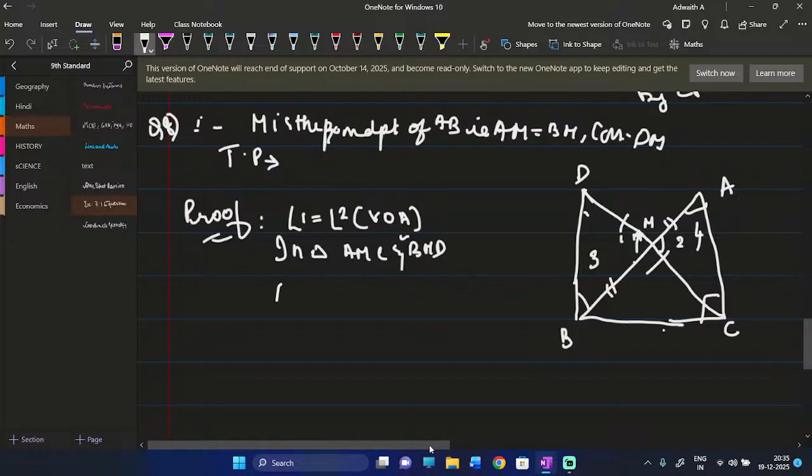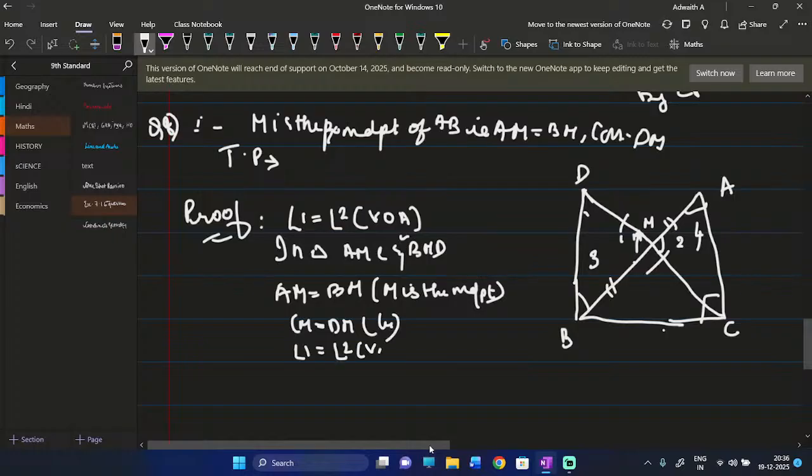Very good. AM is equal to BM because M is the midpoint. Then CM is equal to DM. That is given, not because of the midpoint theorem. Angle 1 is equal to angle 2, vertically opposite.